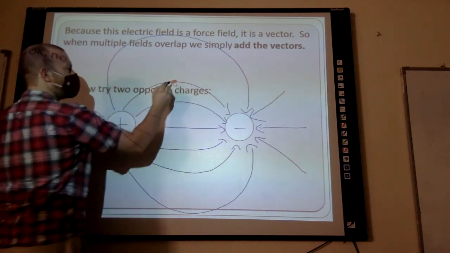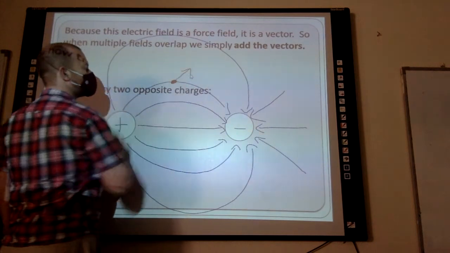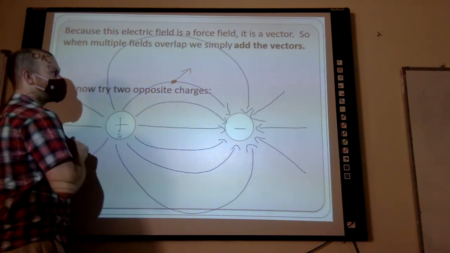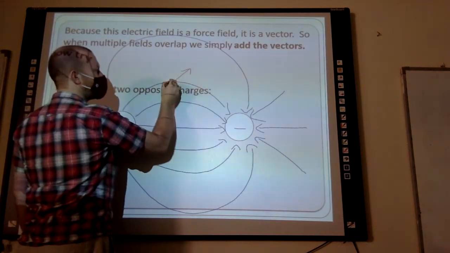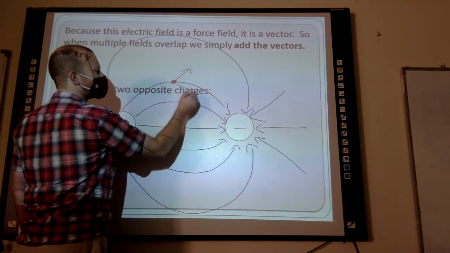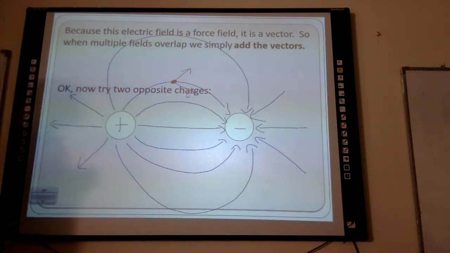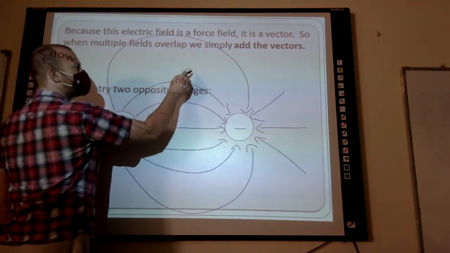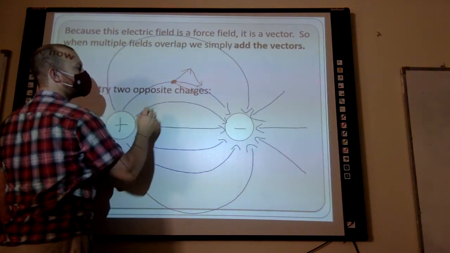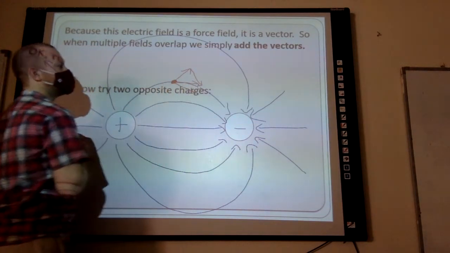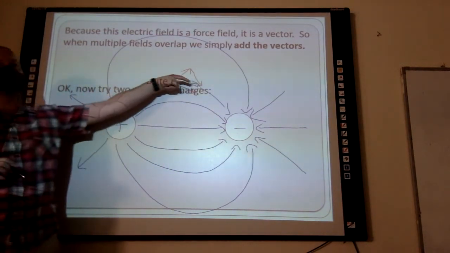So from this one, I'm going to have an electric field pointing this direction due to this. From this one, I'm going to have an electric field that's pointing like this. And if I add those two together, it's going to give me an overall field pointing to the right, which is exactly what this line is doing.